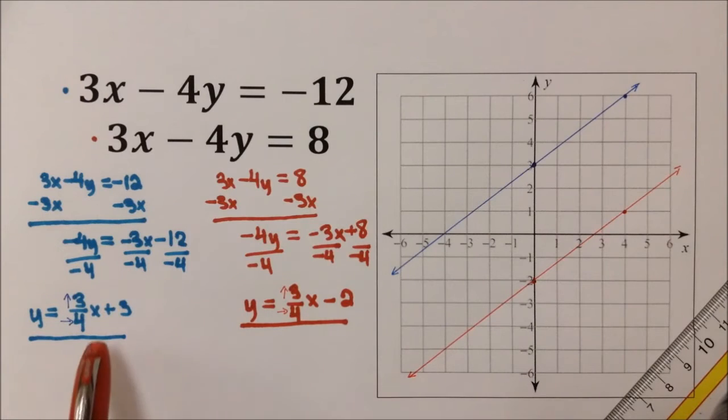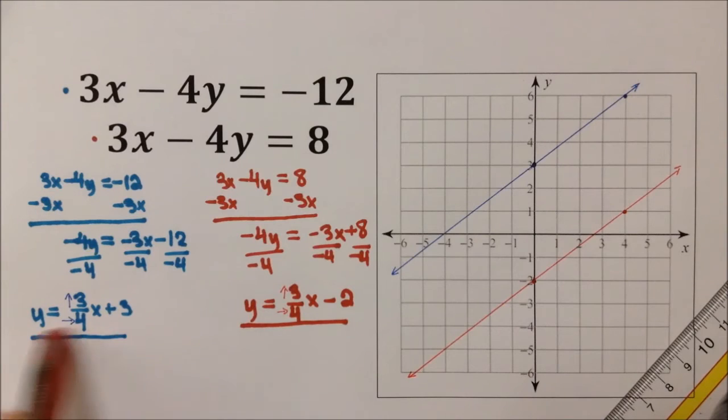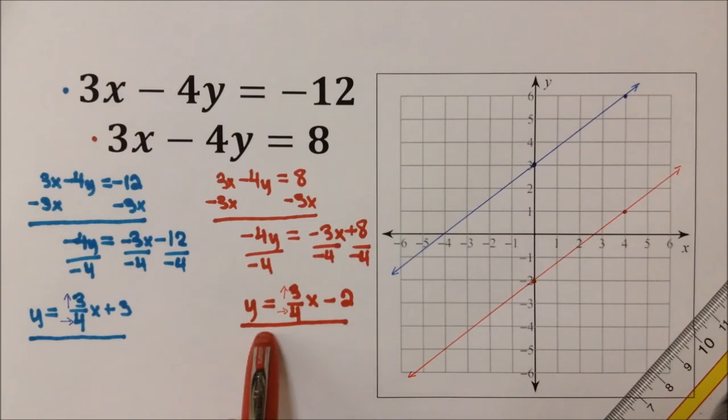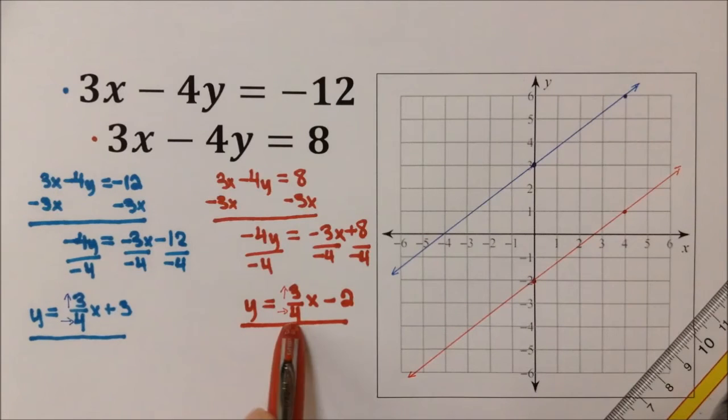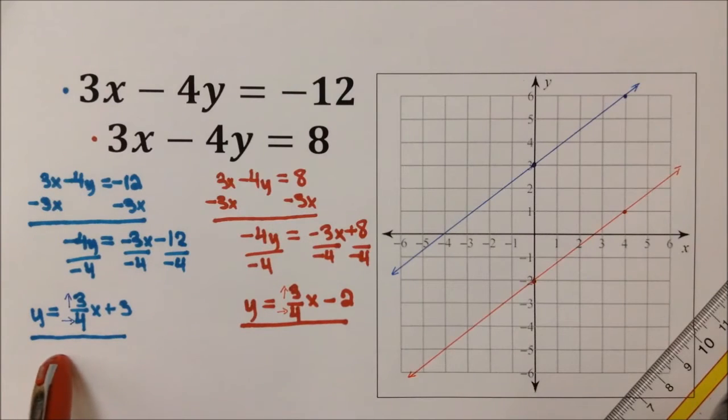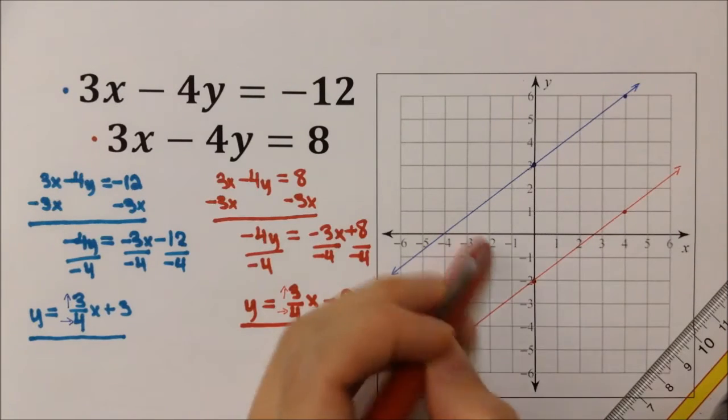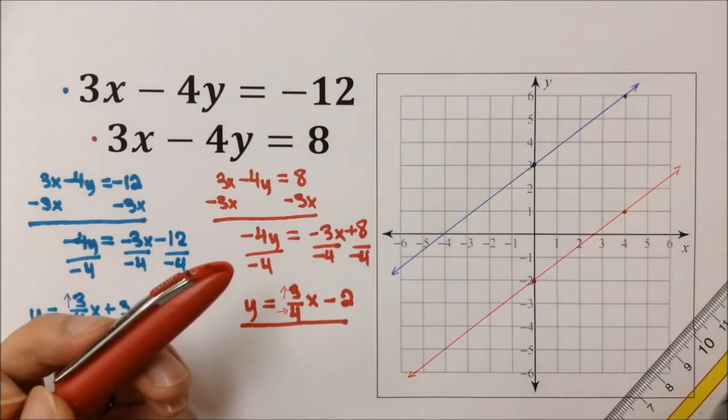I notice that they have different y-intercepts, plus 3 and minus 2, but if you look closely, the slope in front of x is 3 over 4 on this one and 3 over 4 on this one, and they both have the same sign, positive 3 over 4, so they have the same slope. So if they have the same slope, that means that these two graphs are parallel.